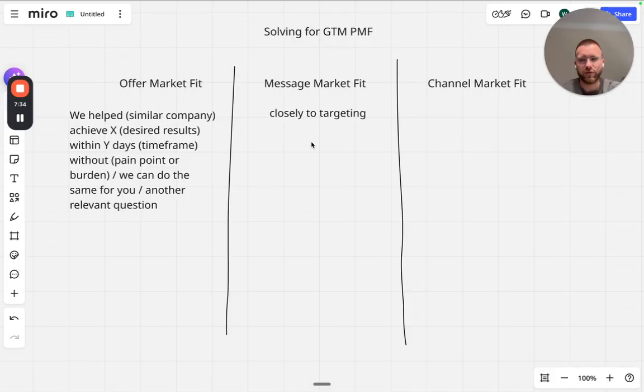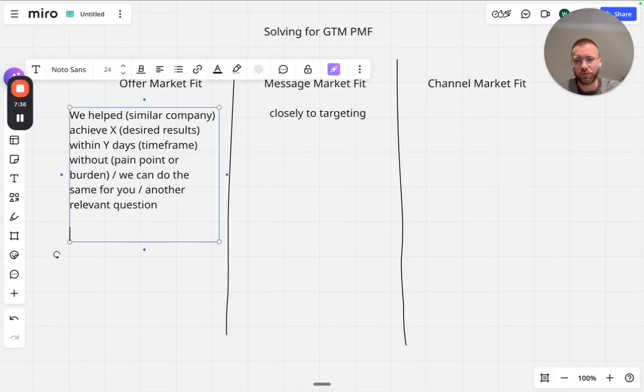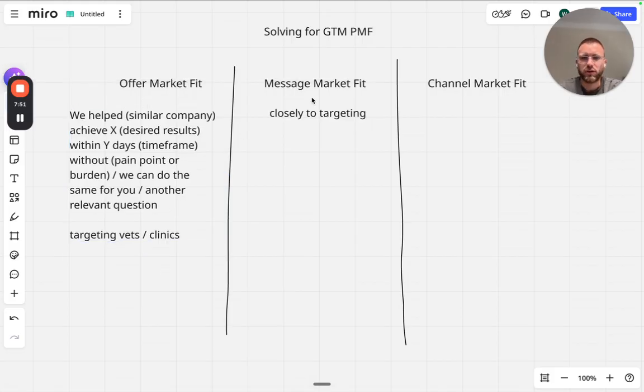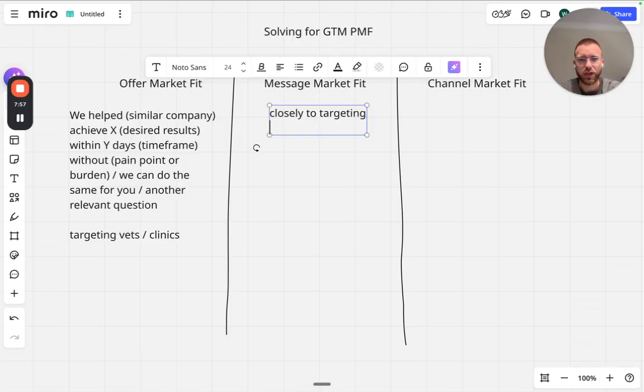So if we have an offer that was targeting, let's say, vet practitioners, so it's targeting vet clinics. With message market fit, one, is my list actually accurate?